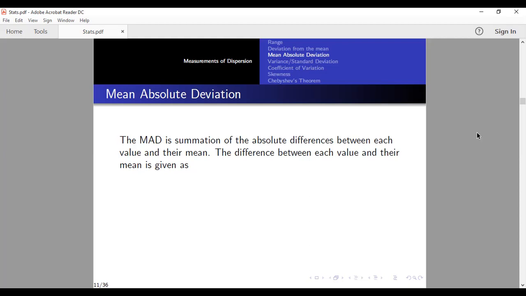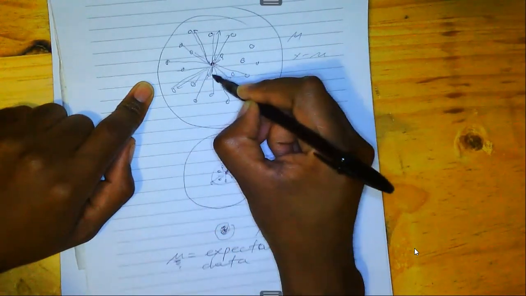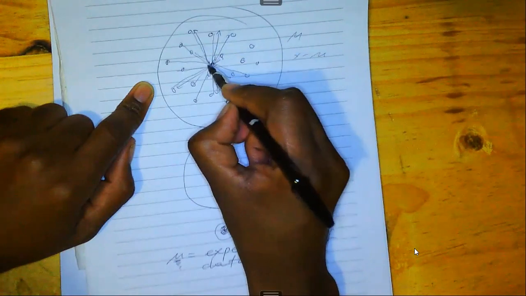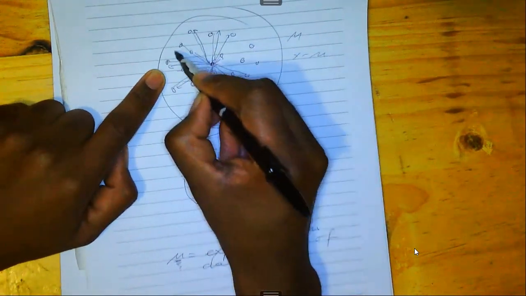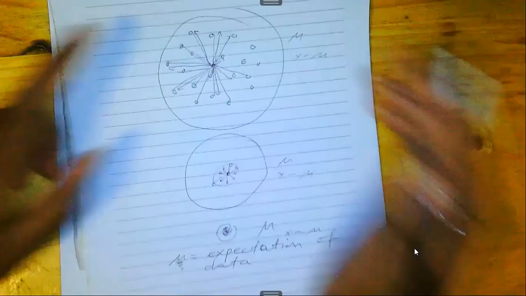Basically, we want to calculate the difference from the center to each point, and then we take all these differences and add them up.